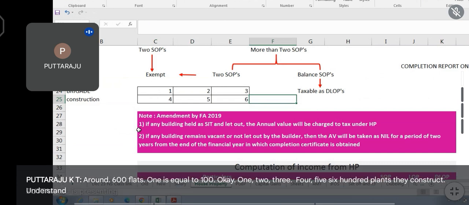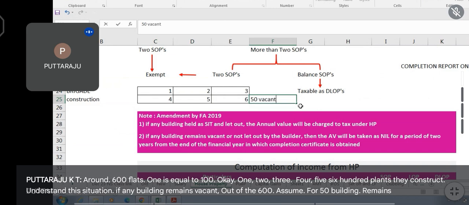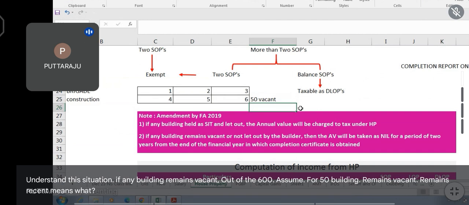Understand the situation. If any building remains vacant, out of the 600, assume 50 buildings remain vacant. Remains vacant means it is neither sold nor let out. Understanding?